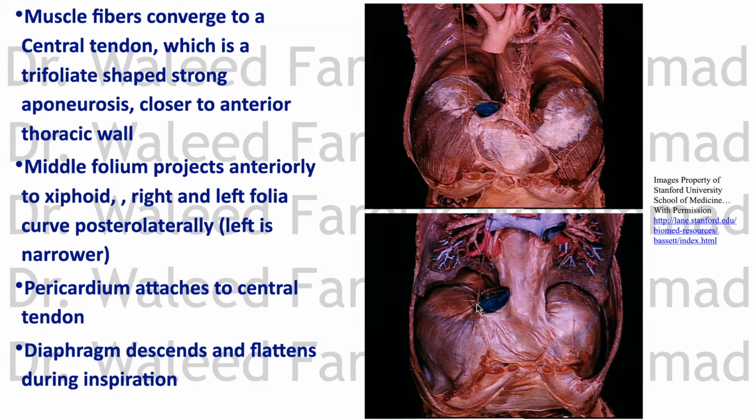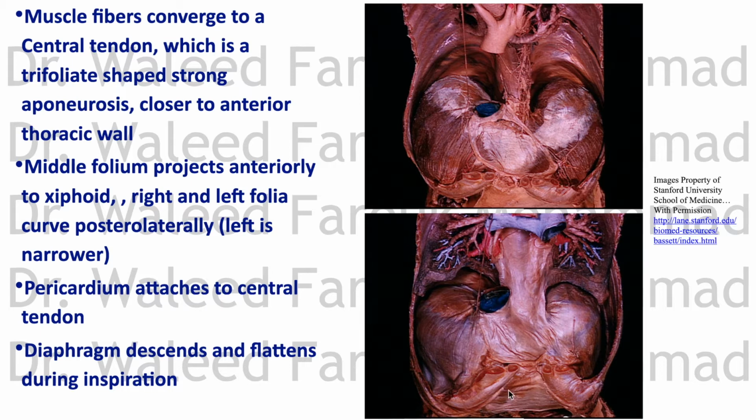Now another question. It might sound weird, but think about the contraction of the diaphragm. What happens in the diaphragm when contracting? Does it ascend or descend? Some people think that it ascends. It descends, actually.